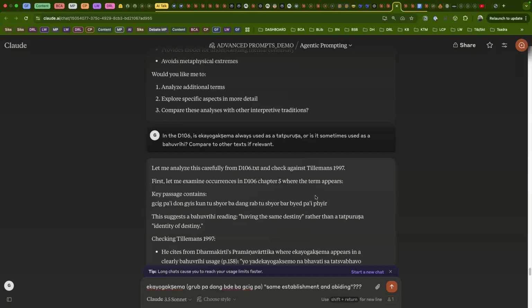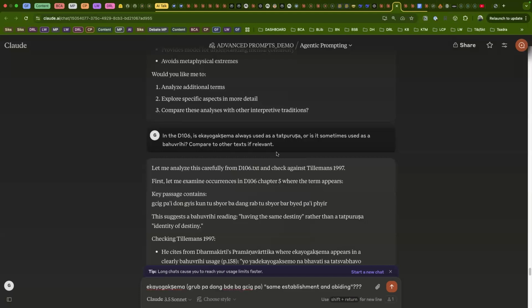So possessive tatpurusha, but they are going to actually render a bahuvrihi, a possessive compound in the original Sanskrit text, without any possessive particle in Tibetan. And that can be an issue. And I want the model to tell me about that.